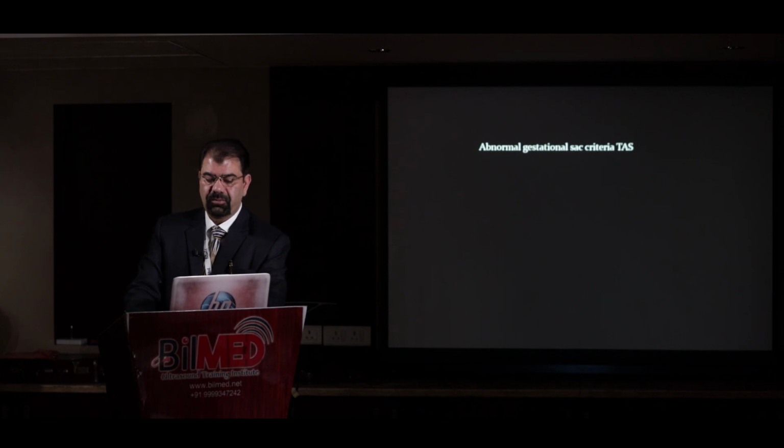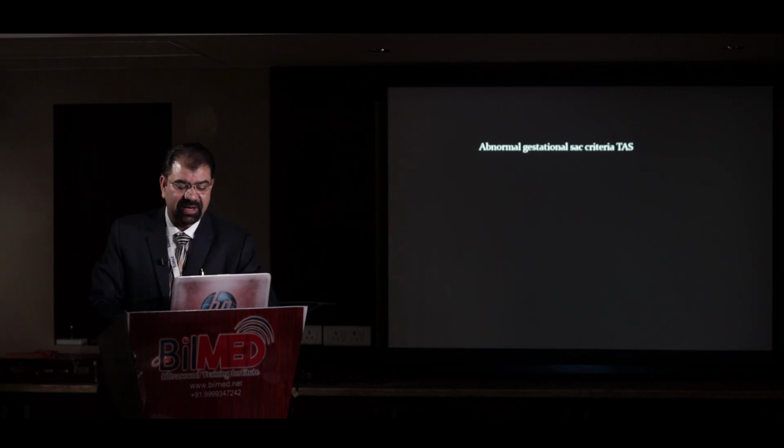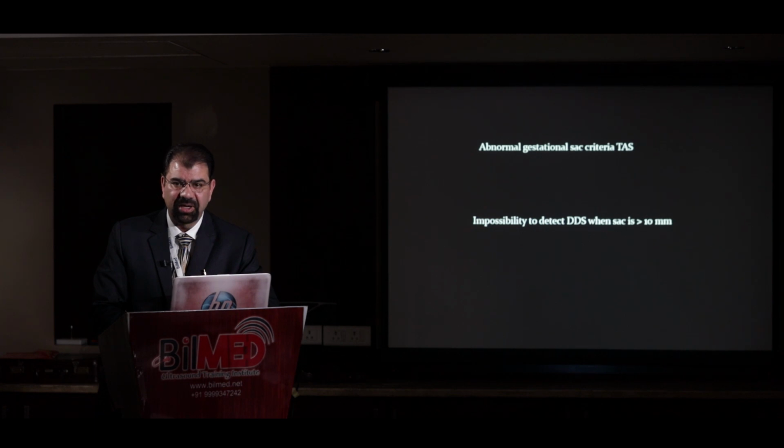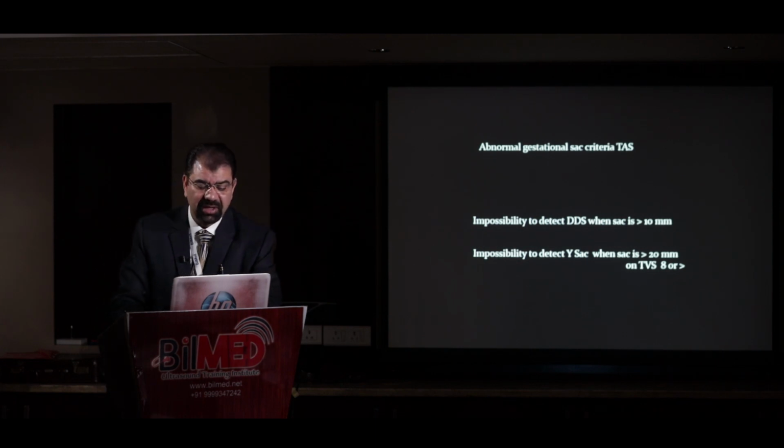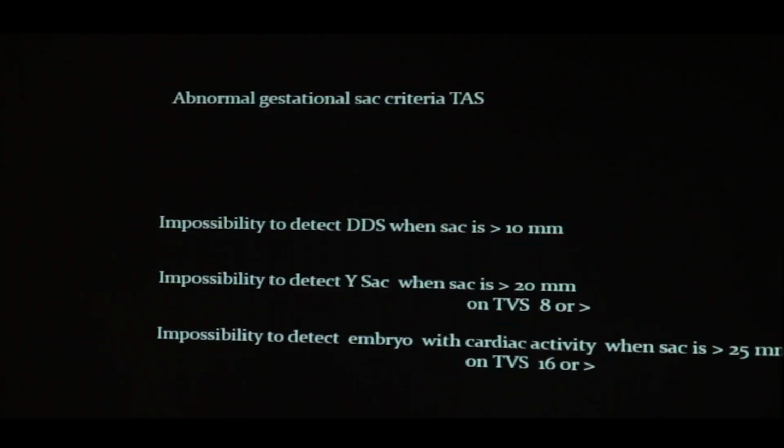So, abnormal gestational sac criteria on TAS: whenever you are not seeing a double decidual sac sign, when the sac is more than 10 millimeters on TS, you should see it, and the inability to detect the yolk sac when the sac is between 20 millimeters is for transabdominal, and 8 is for TVS, which we will discuss in detail.